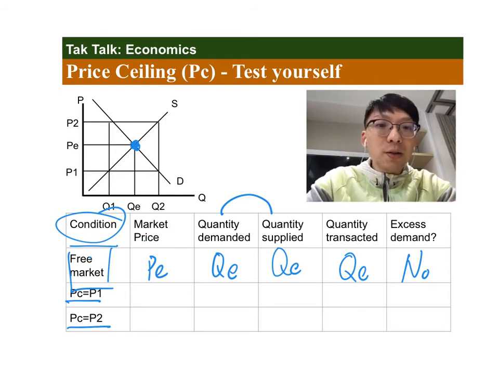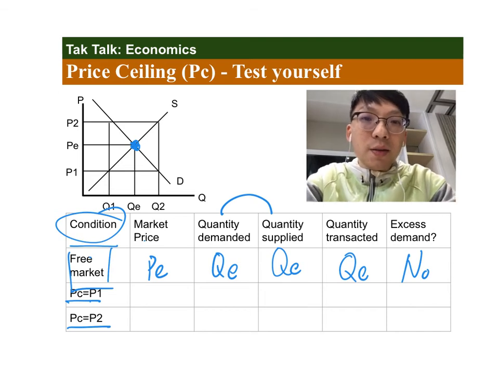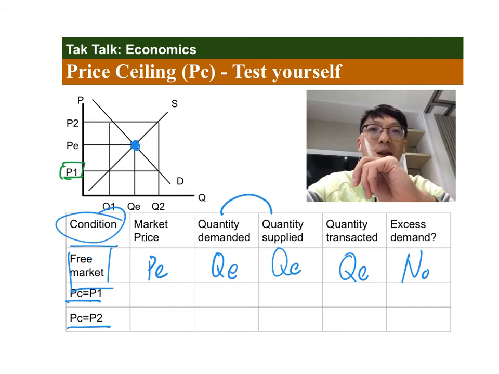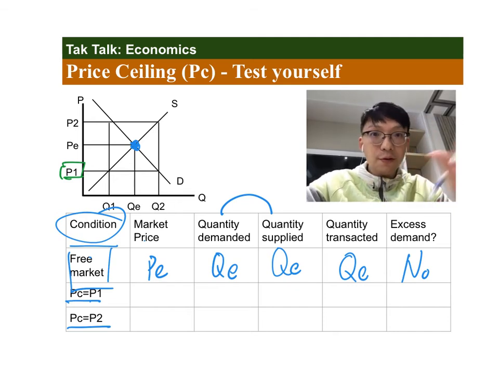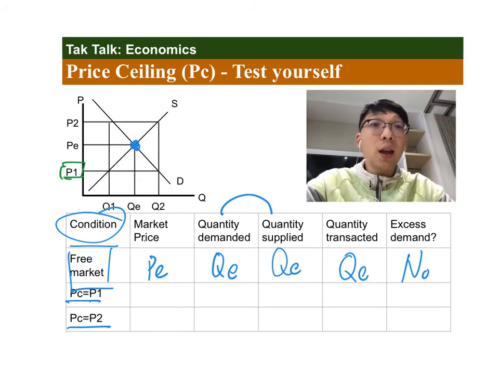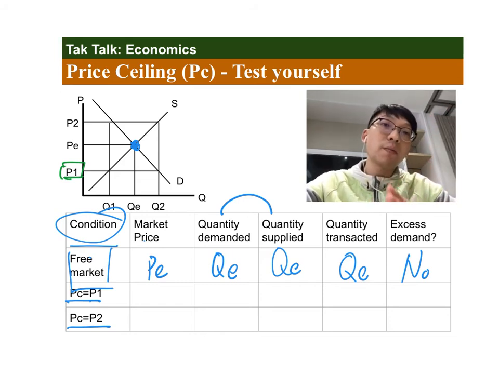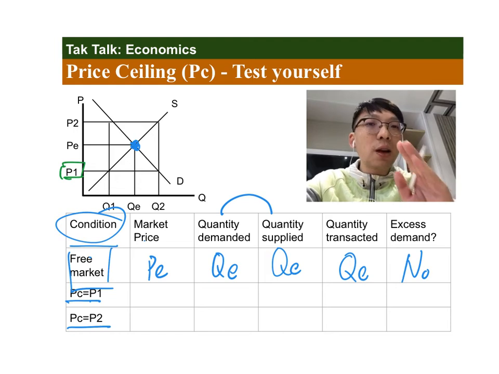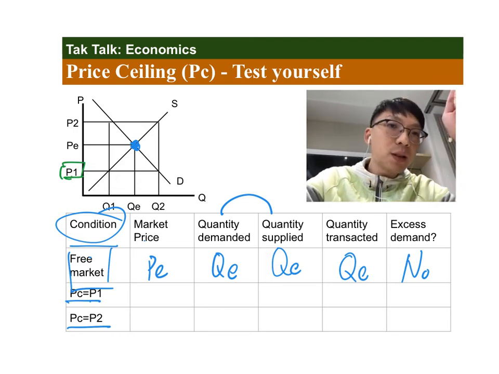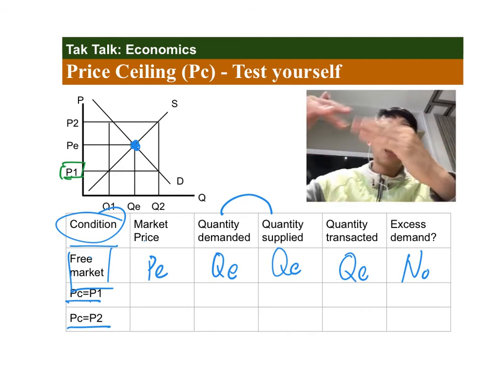One more, okay? About P1 as the price ceiling. Let's think about this. This time P1 is the price ceiling, and the first thing you need to think about is whether it is effective. If effective, it changes the market price. If not, it does not affect the market price. So think about it. The forbidden zone for a price ceiling is the upper part, right?